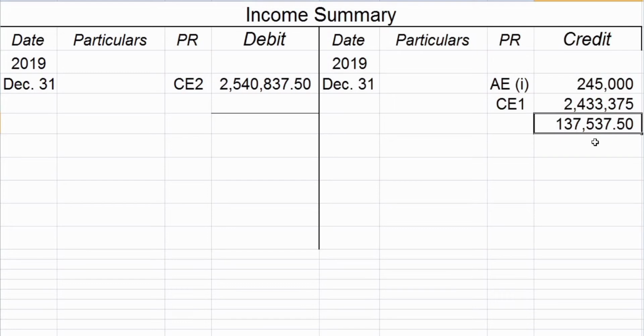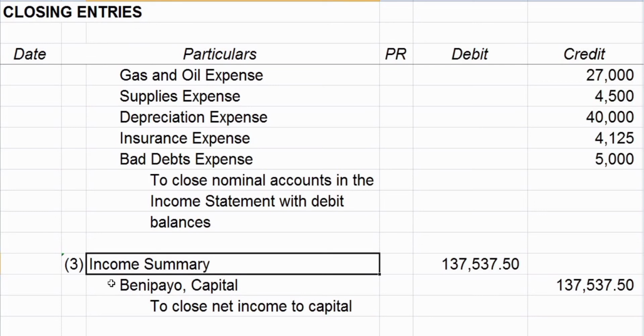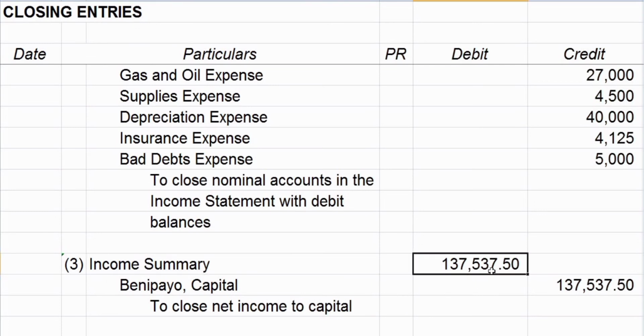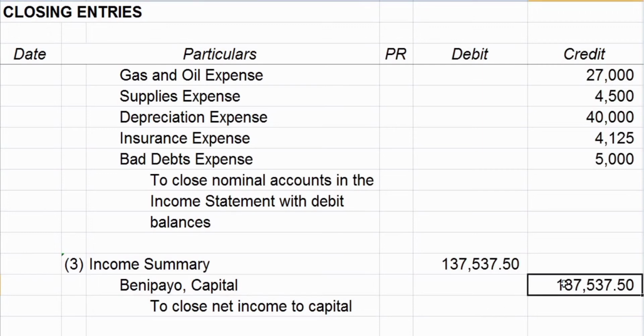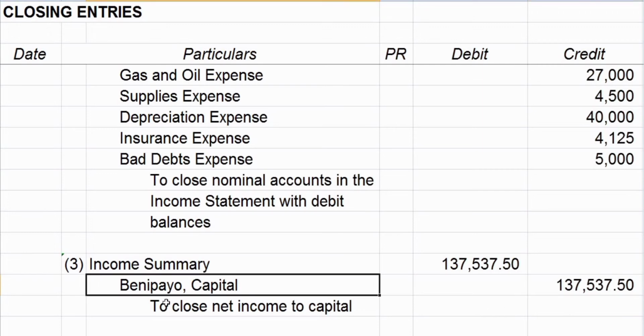To close this account, what must be done? Debit it. So, debit income summary for 137,537.50 and credit Benipayo Capital for the same amount. Notice the effect of this closing entry on the capital of the owner. The capital increased because it is credited.